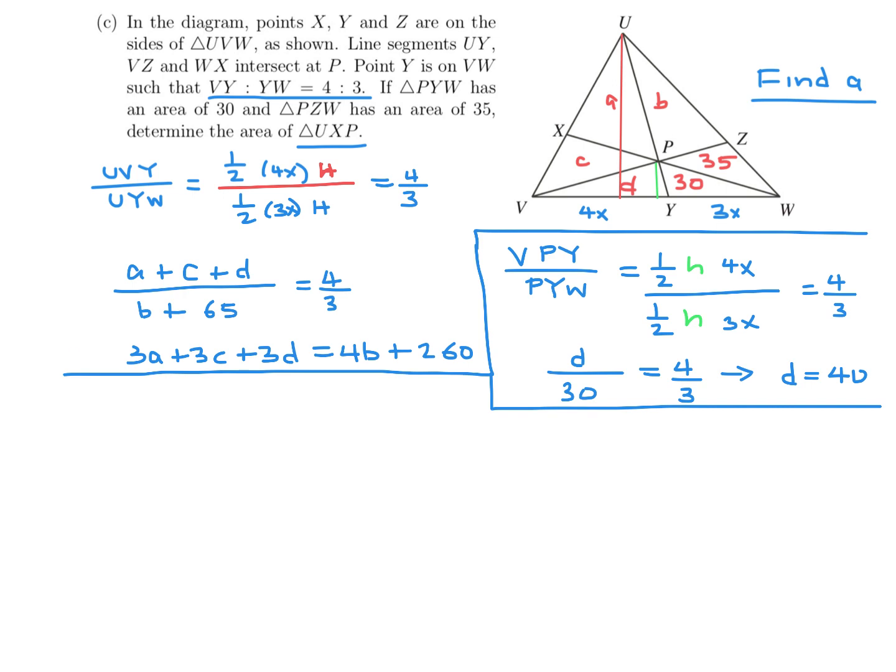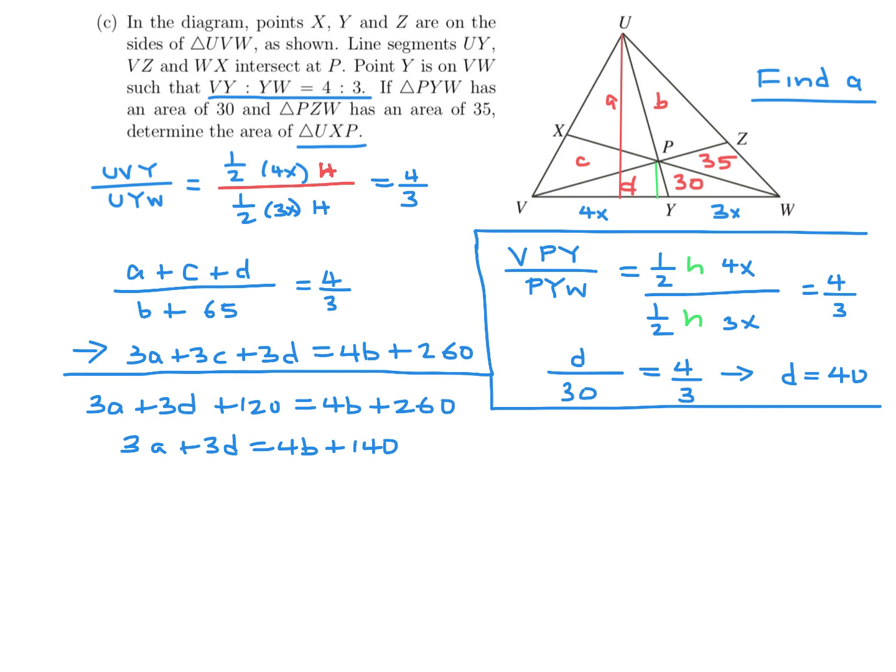So I can put that back into here. And when I do, I get 3A plus 3C plus 3D, which is 120, equals 4B plus 260. So that means 3A plus 3C is equal to 4B plus 140. Yeah. Okay, so that's pretty good. But I think I still have a little bit more work to do.